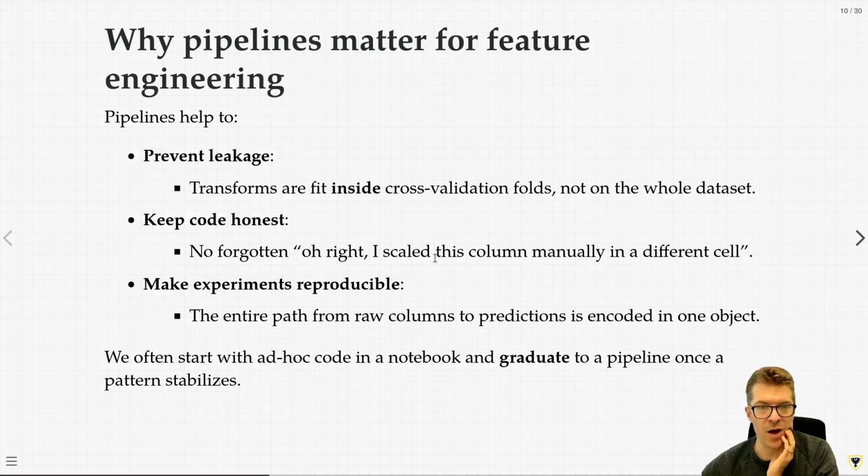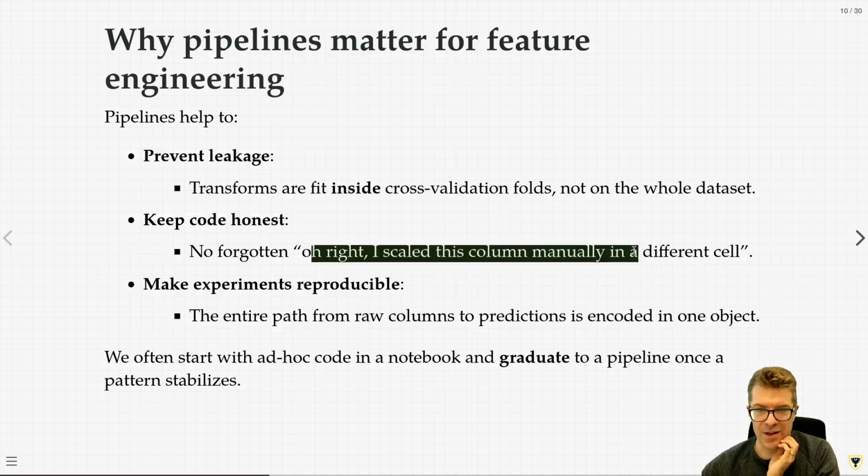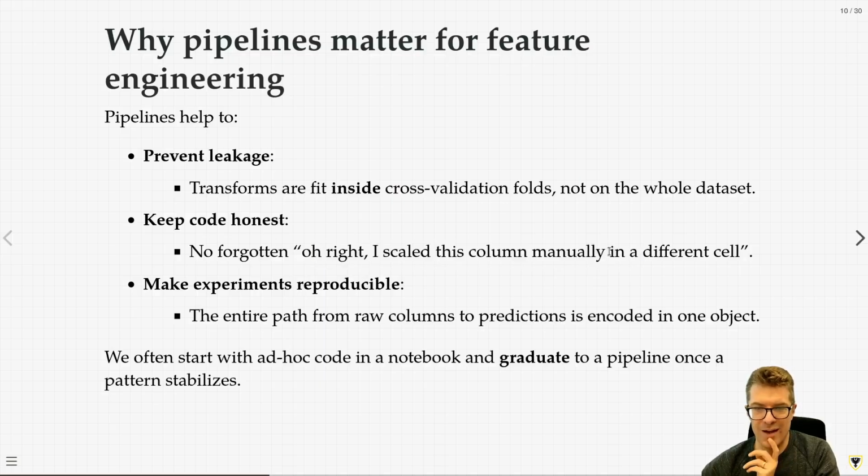Keeps the code honest. We're producing or computing new columns from these feature transformations. We know we're getting them from our feature transformations. Any scaling or preprocessing, we're not doing that manually in some other cell of a Jupyter notebook. It's all happening locally in the pipeline, and it's clean too. It looks nice, and it makes it reproducible.